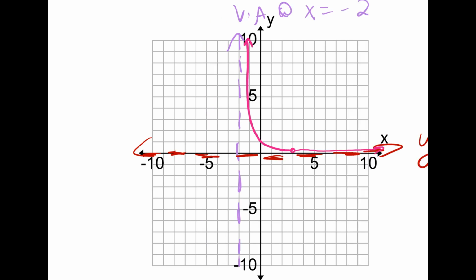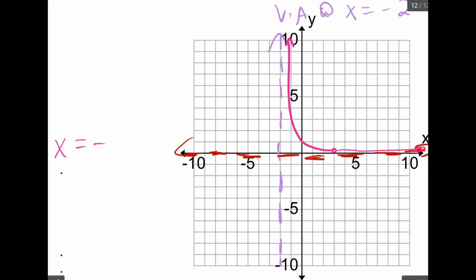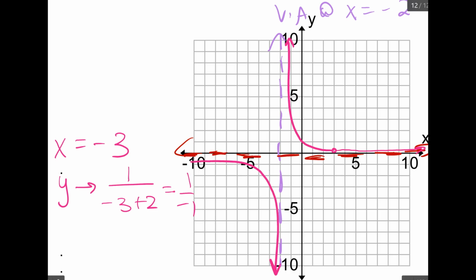If I plug in a number like x equals negative 3, what would y equal? One over negative 1, so it'd be down here. I know it's negative, so it's going to be below.